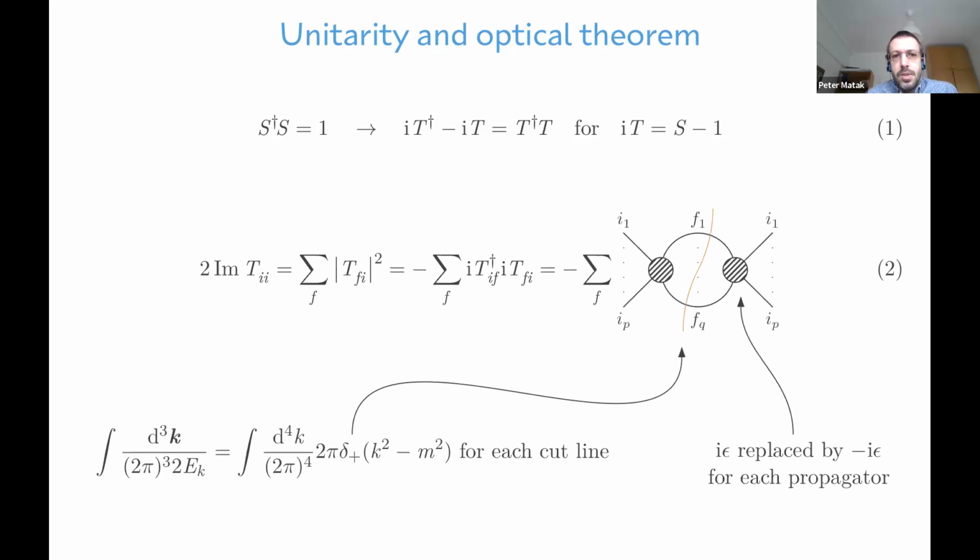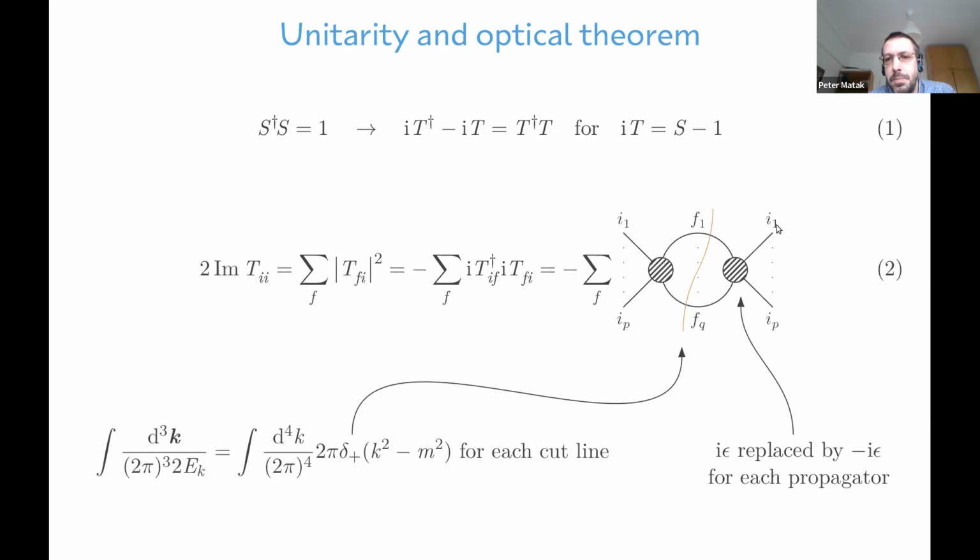We can take the diagonal elements of this unitarity condition, and we will get the imaginary part of the T matrix from some initial state to itself. This is mostly known as the optical theorem in QFT, and each contribution to this imaginary part of the forward scattering transition matrix can be represented as a cut of a forward scattering diagram.